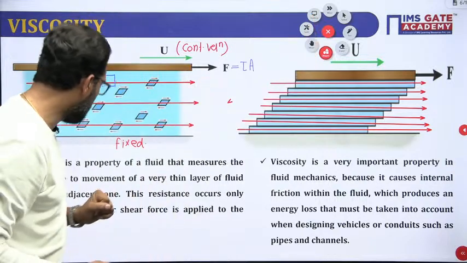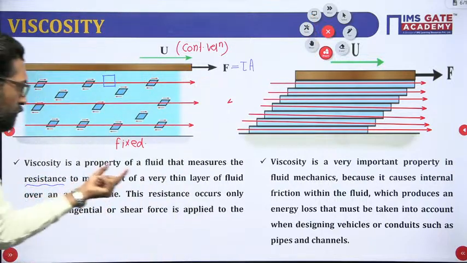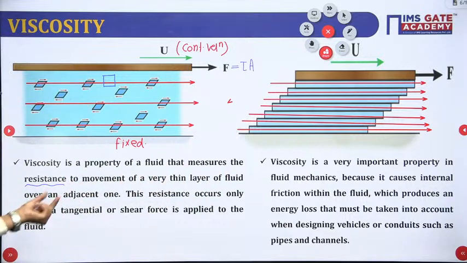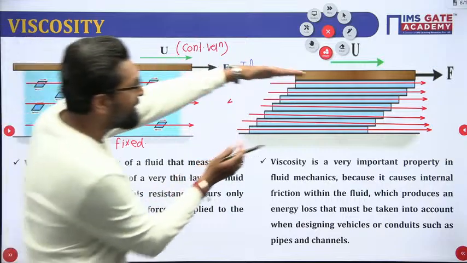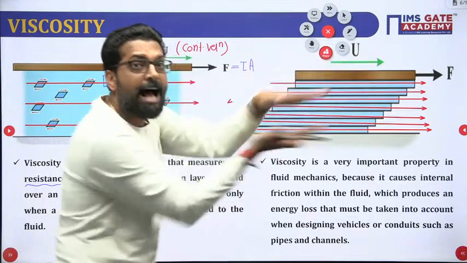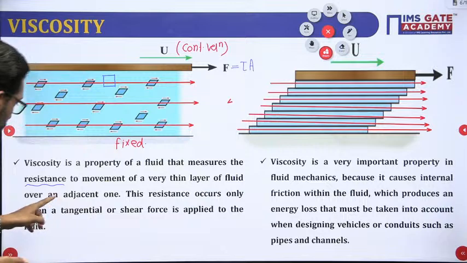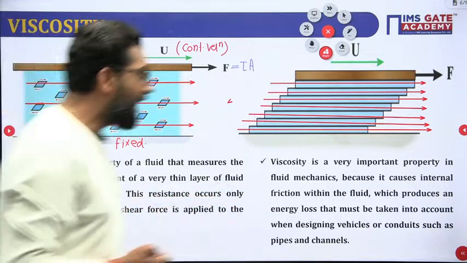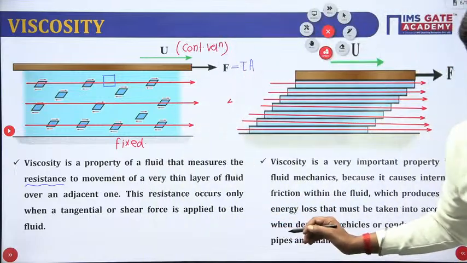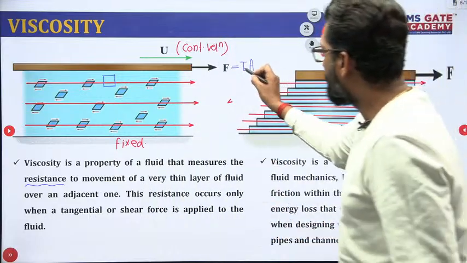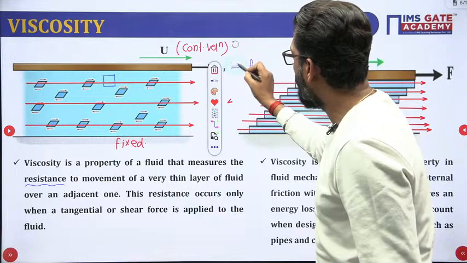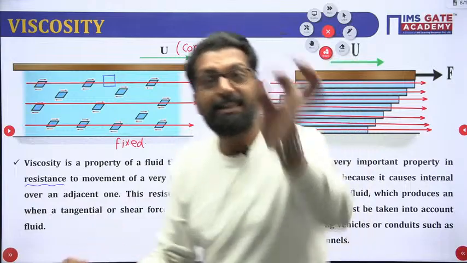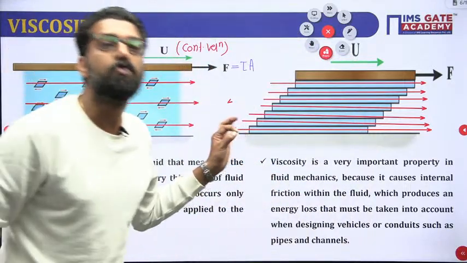Number second, the resistance to the movement of a very thin layer of the fluid over an adjacent one. That means each and every layer has a resistance. This resistance occurs only when a tangential, shear force is applied. This is the beauty of this line. If there is no shear force, there is no resistance.